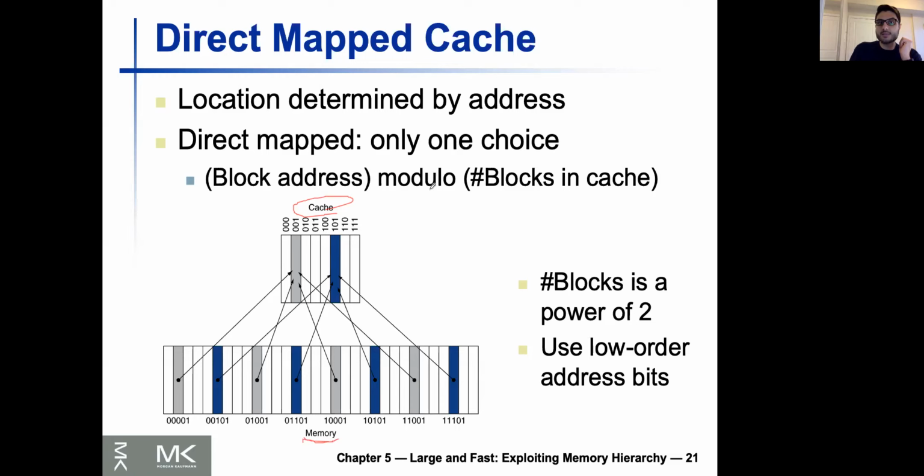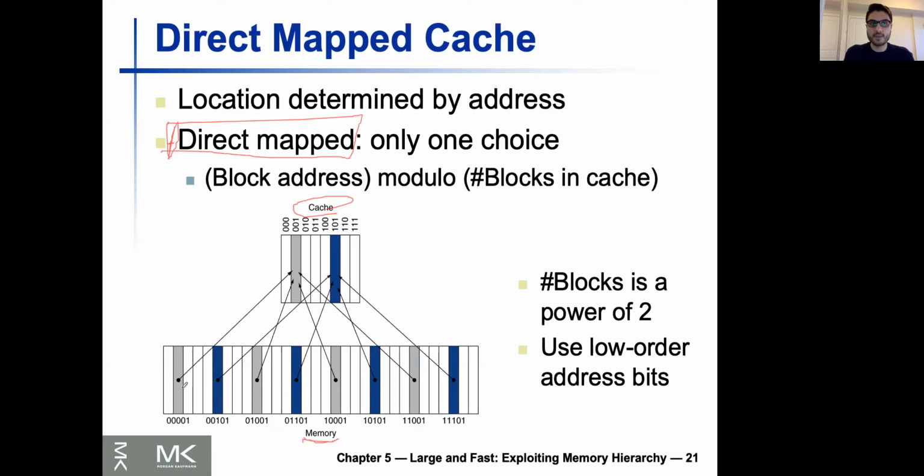So the block address mod the number of blocks in cache determines your direct mapped address. And we call it direct mapped because there is only one choice to put your data in cache. It's directly mapped to one location. The example shows that all the blocks shown in gray are going to get directly mapped to 001. Why?